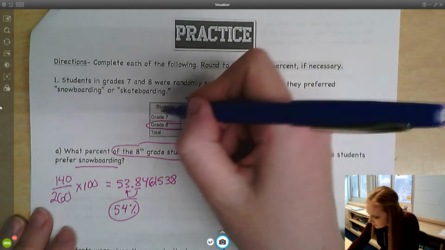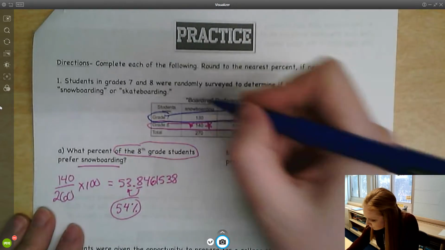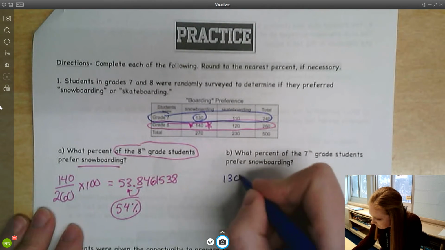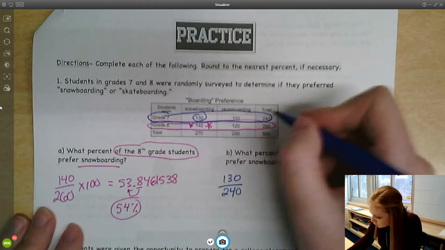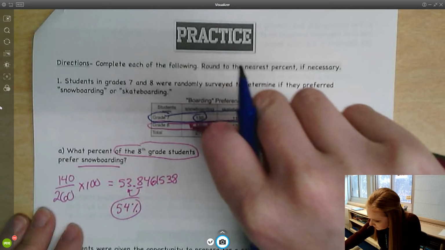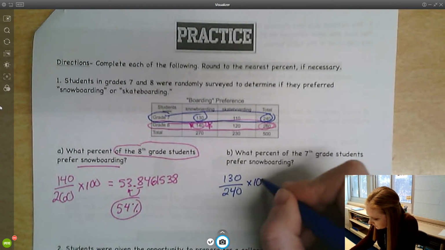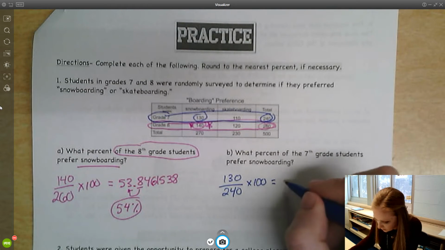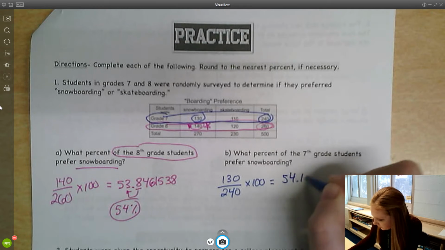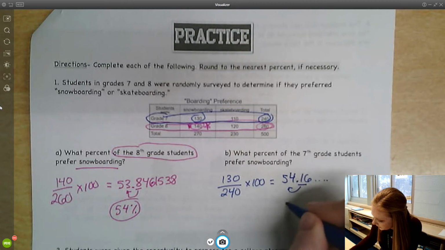What percent of the 7th grade students prefer snowboarding? So here's our snowboarding number, out of our total number of 7th grade students, and when you calculate that, you're going to get 54.16, and the 1 tells the 4 to stay the same.